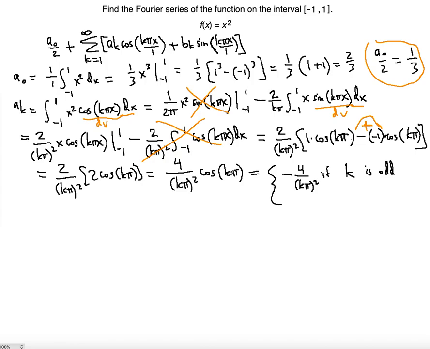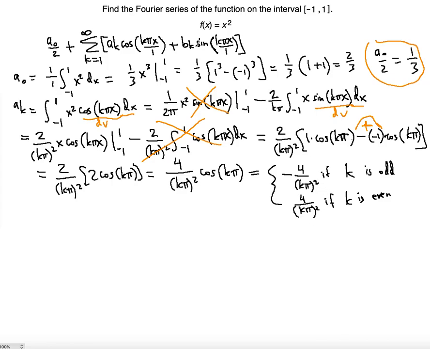Cosine of pi is -1. So you would have -4 over k pi squared. Now +4 over k pi squared can happen if k is even, right? Because if k is 0, for example, that's an even integer, you will have 0 there. Cosine of 0 is 1, so it's just a positive thing, right? That's kept.